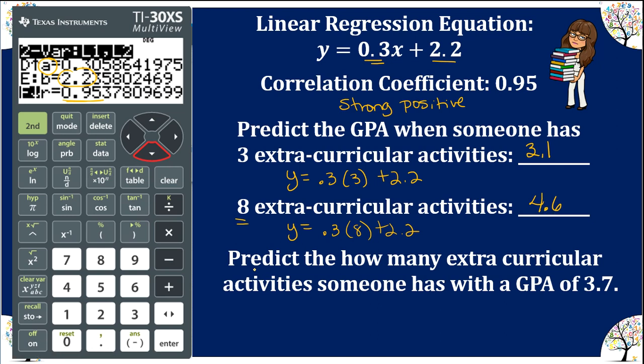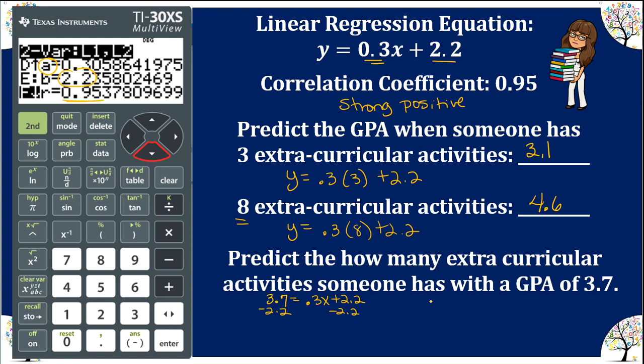Now we're going to predict how many extracurricular activities if we have a GPA of 3.7. So we're going to plug in 3.7 for our output because our output was our GPA. And we're going to say 0.3 times X plus 2.2. So we're going to subtract out 2.2 from both sides.